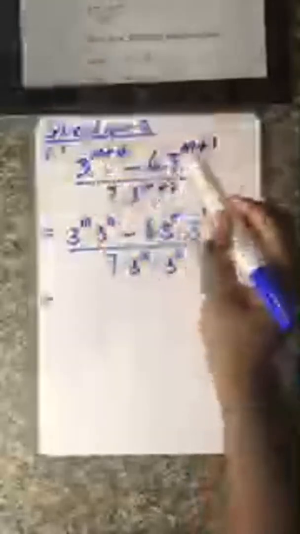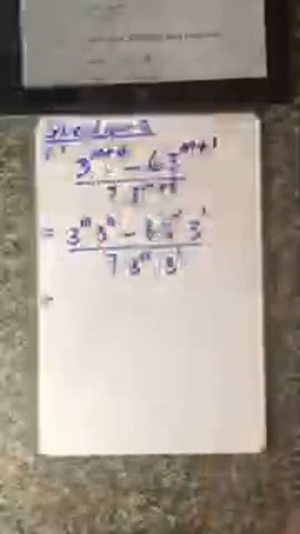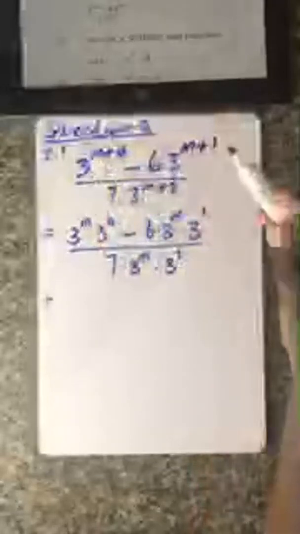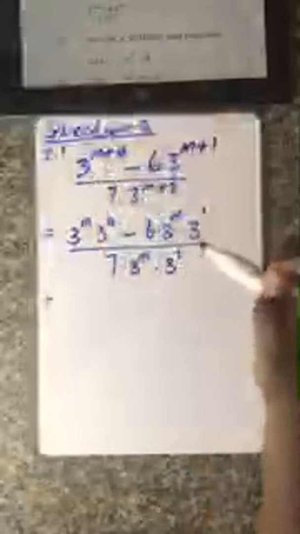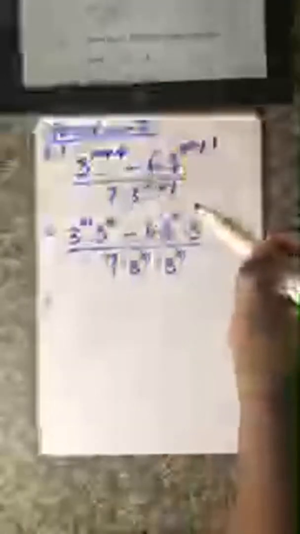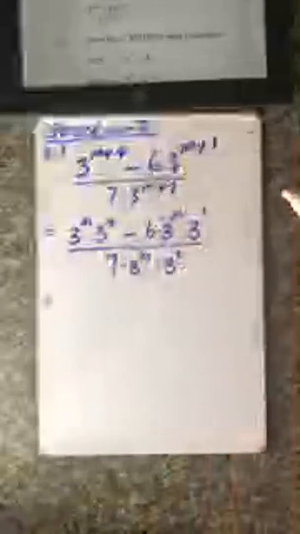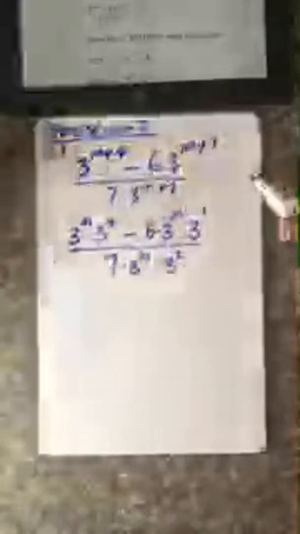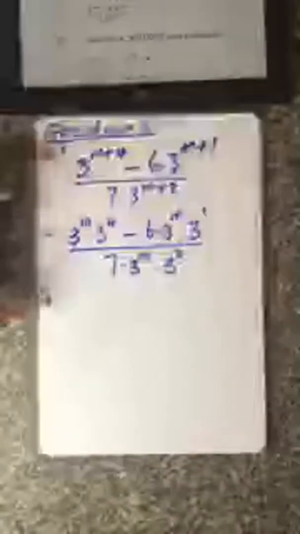Because I've noticed I've got 3 to the m there, 3 to the m there, 3 to the power m there. So this, that and this. Now let's have a look at how it looks when you take out 3 to the exponent m as a common factor.